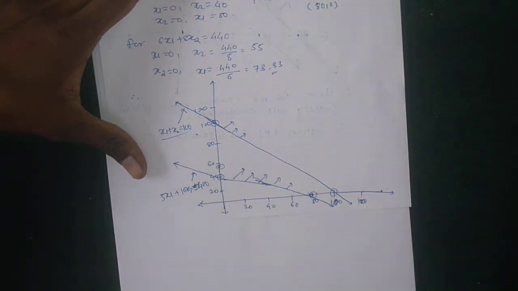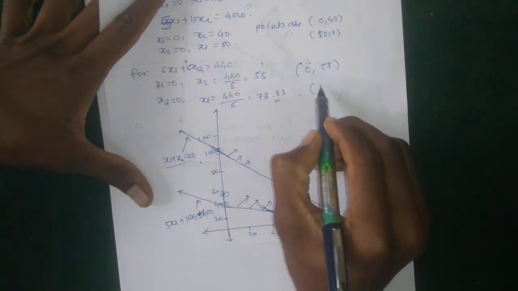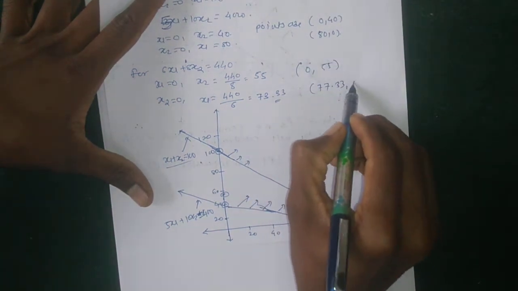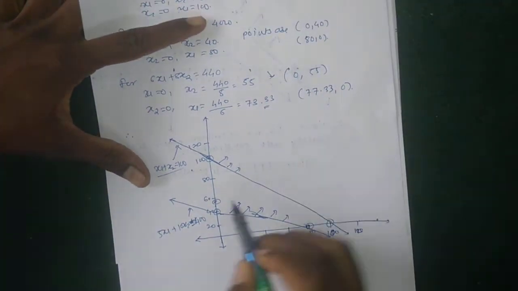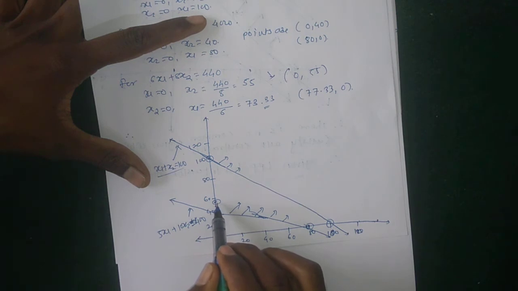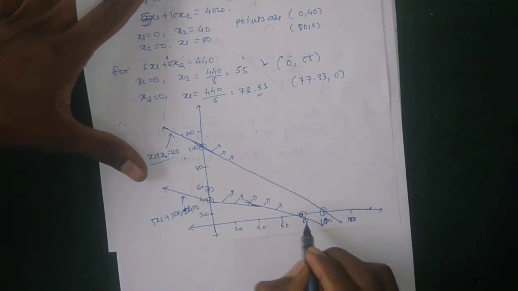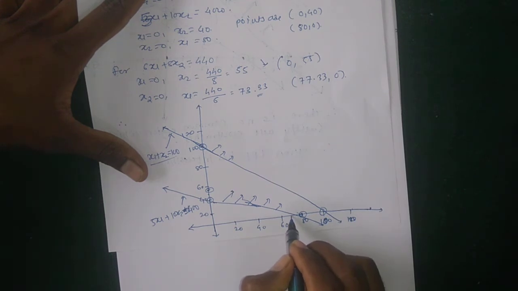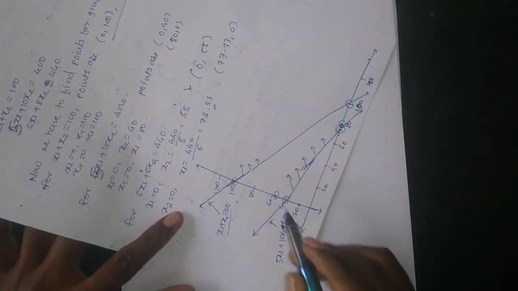Next, the points for this line are (0, 55) and (73.33, 0).